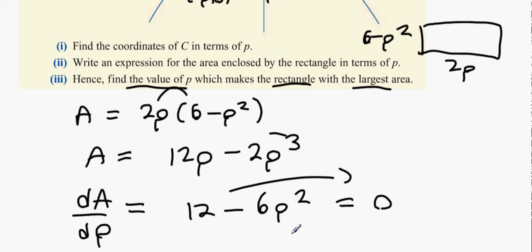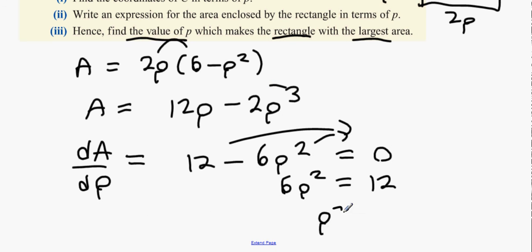Bring the 6P squared out the other side: 6P squared equals 12. We're going to get P squared equals 2. P therefore equals the square root of 2. So the answer for that is P equals root 2.